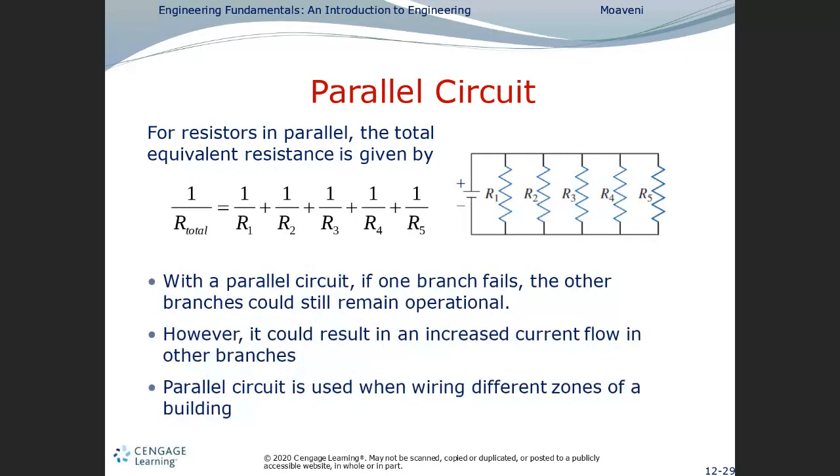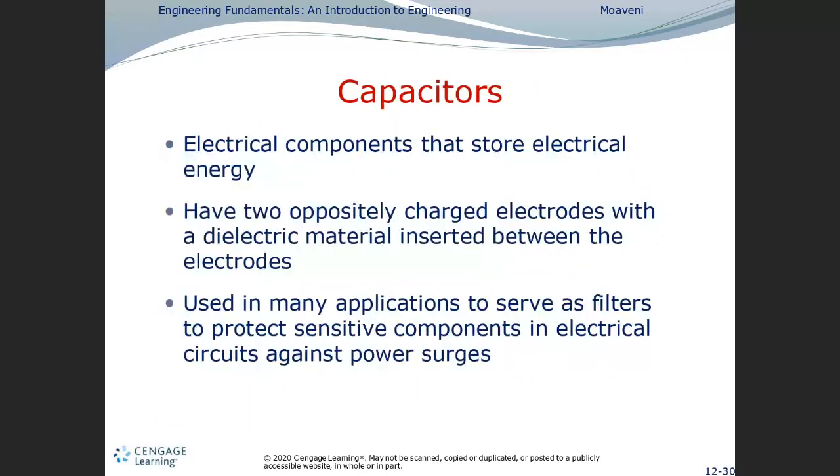So parallel, then you have capacitors. Yeah, that's a good stopping point. We'll pick up with capacitors on Thursday.